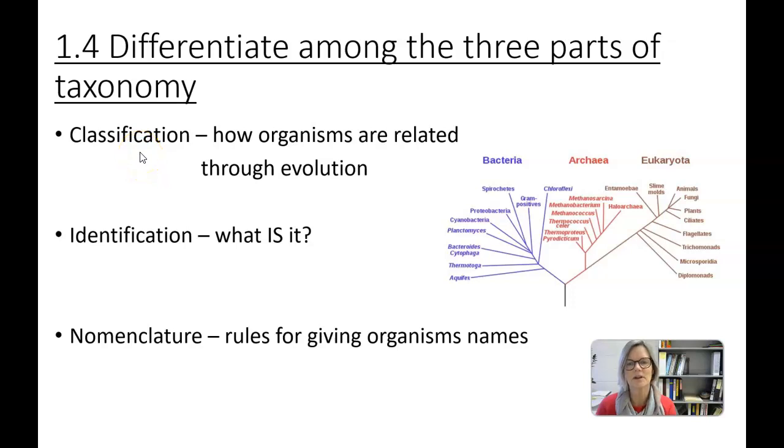Classification, we talked about a little bit already in the previous topic. Remember what this is called? This organization of organisms was called the three-domain system, where we had bacteria, archaea, and eukaryota, or eukarya, you could say.